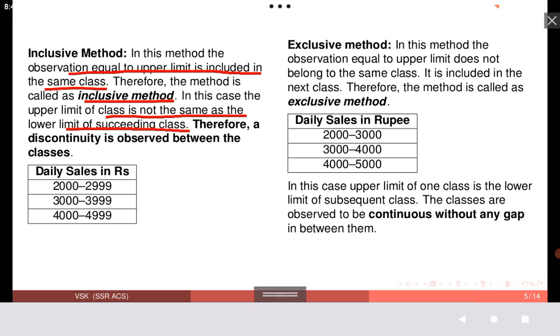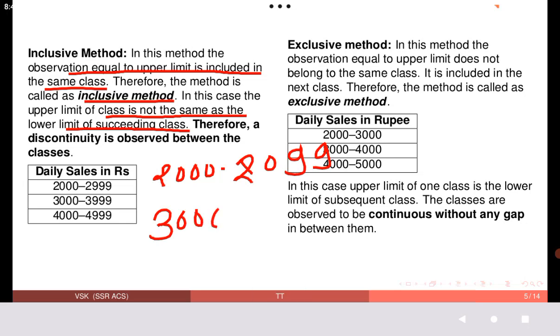You can see in this example: in the inclusive method 2000 to 2999, and next there is a gap, and again a new class starts with 3000 to 3999. So there is a gap. Such types of class intervals are called the inclusive method.